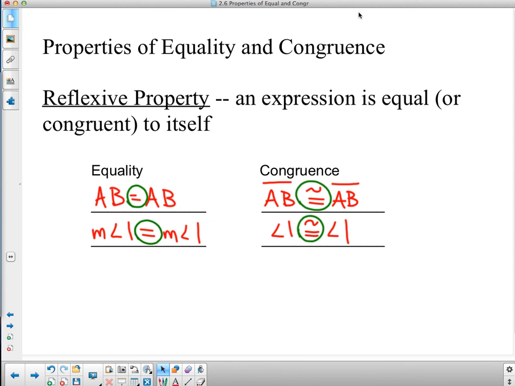Fix up your notes there so that it matches correctly. They both are the same property, they're both reflexive. Notice this one has congruences.